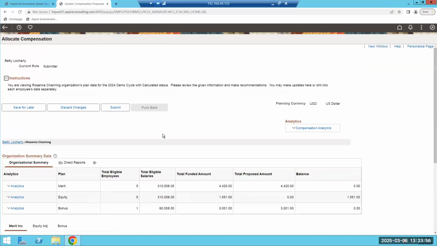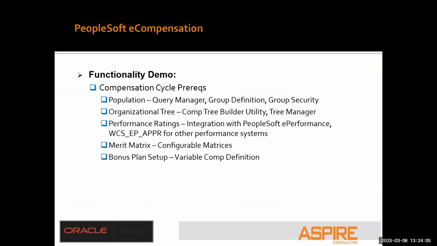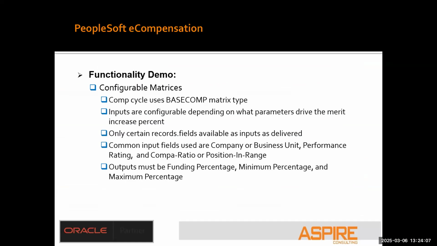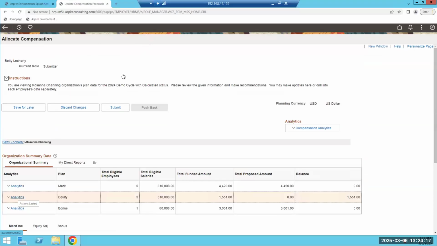So now I want to basically start looking at the configuration involved here.